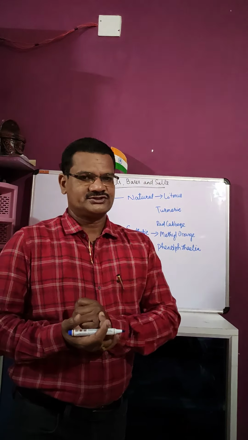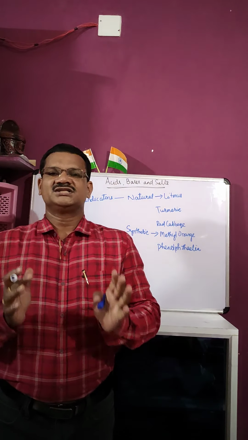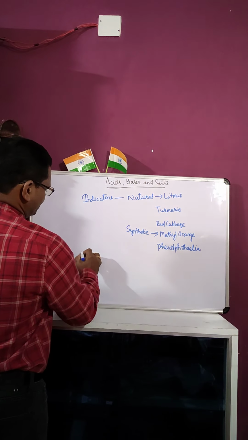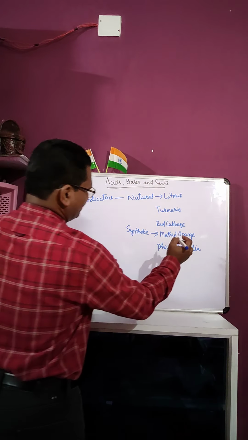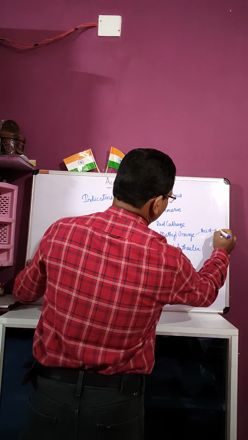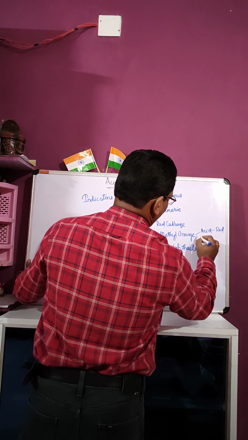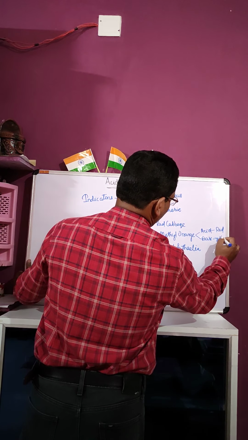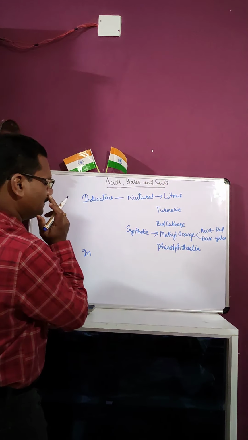Methyl orange and phenolphthalein are two synthetic indicators. Now methyl orange in acid gives a red color, and in base it gives a yellow color.